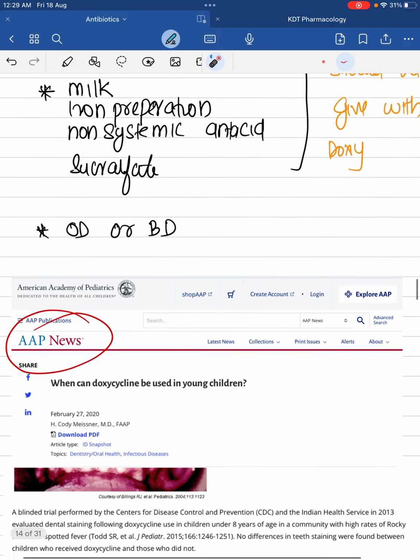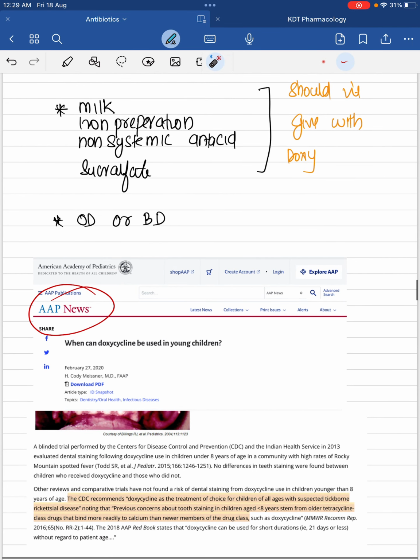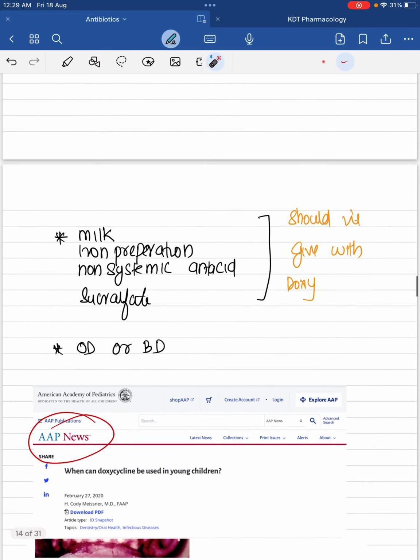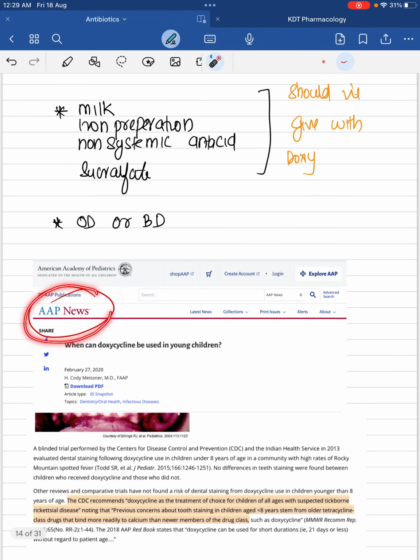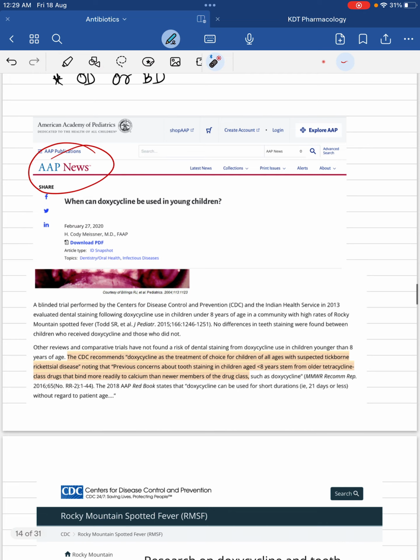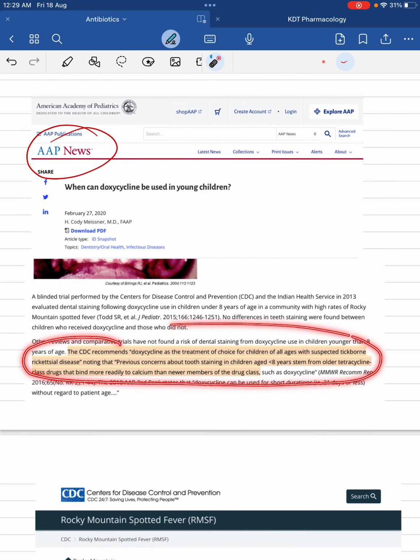And the next thing regarding doxycycline is the age group, which I discussed in our group. Here, this is from the American Academy of Pediatrics, published in 2020, in which they are mentioning the CDC recommendation.